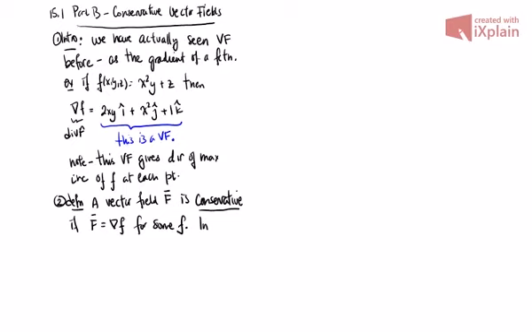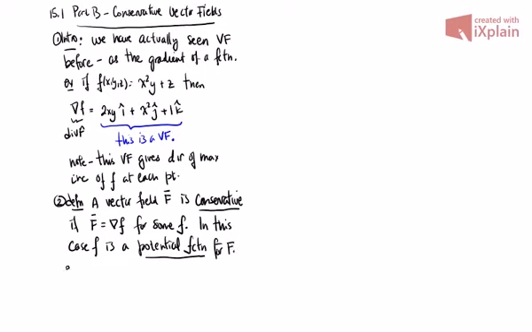In this case, there's an addendum to the definition: little f is a potential function for big F, for the vector field.